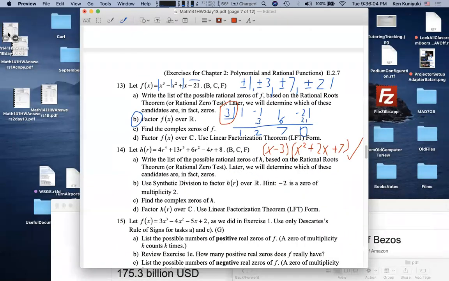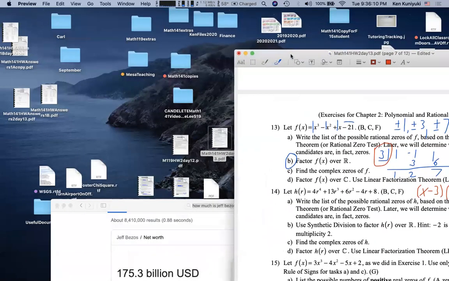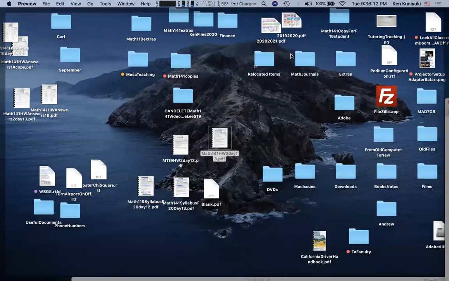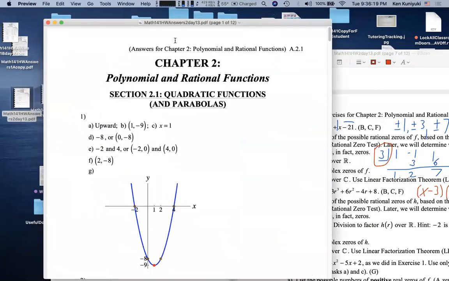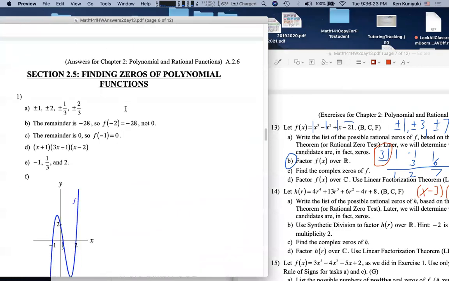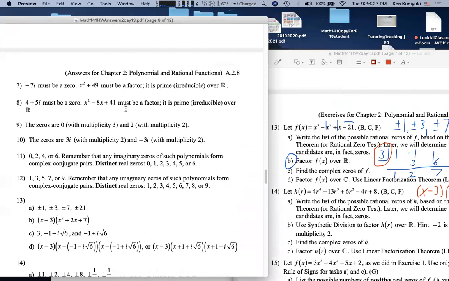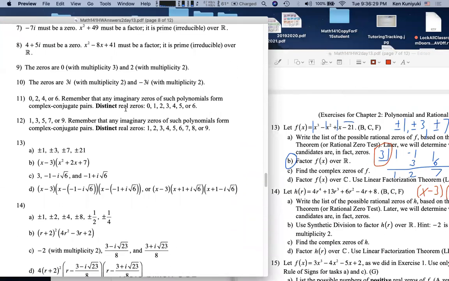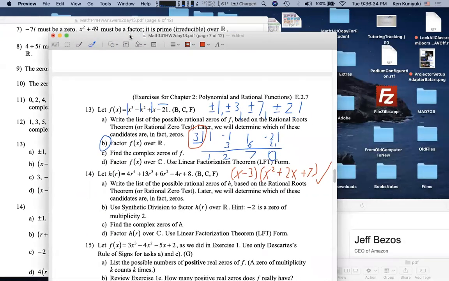Let me check. Yeah, x minus 3 times the factor x squared plus 2x plus 7.